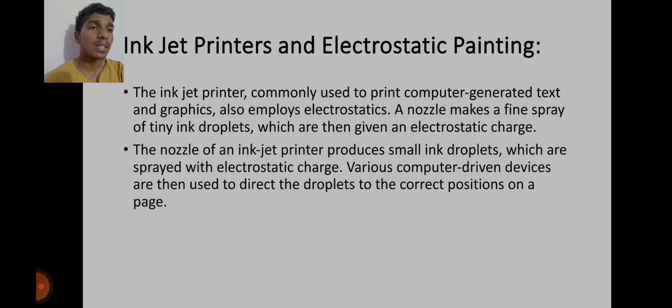A nozzle makes a fine spray of tiny ink droplets which are then given an electrostatic charge. The nozzle of an inkjet printer produces small ink droplets which are sprayed with an electrostatic charge. Various computer driven devices are used to direct the droplets to the correct positions on the page.